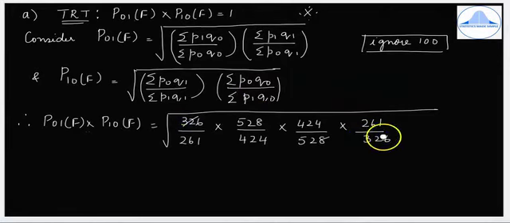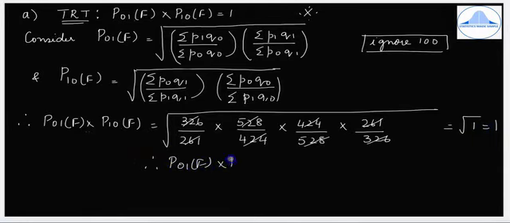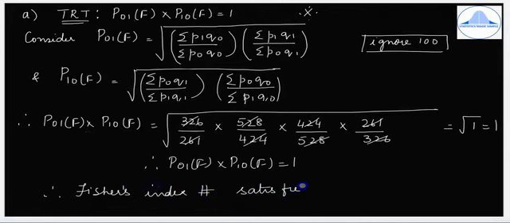You'll see that all the terms will get cancelled and what will remain is nothing but root of 1, which is equal to 1. So you have got P01 of F into P10 of F is equal to 1. Therefore, Fisher's index number satisfies TRT.